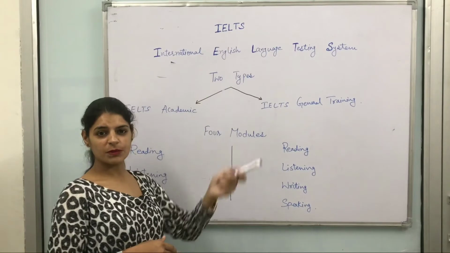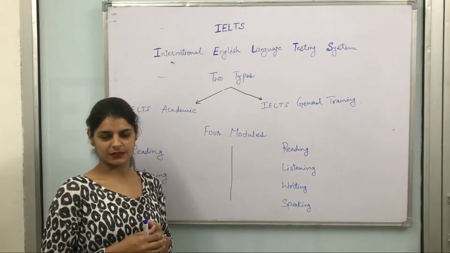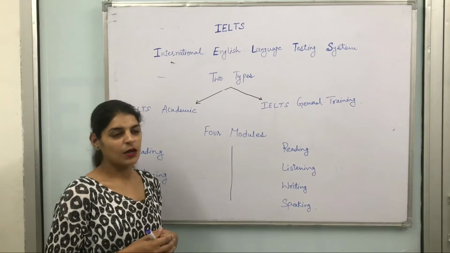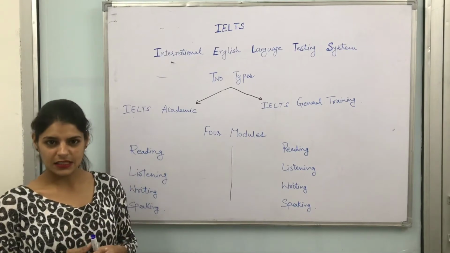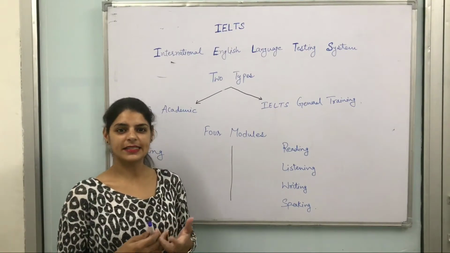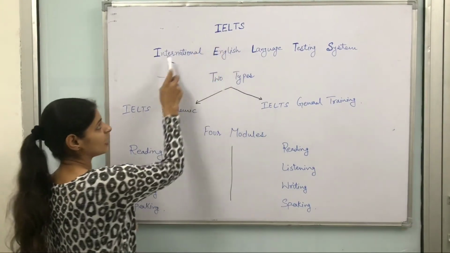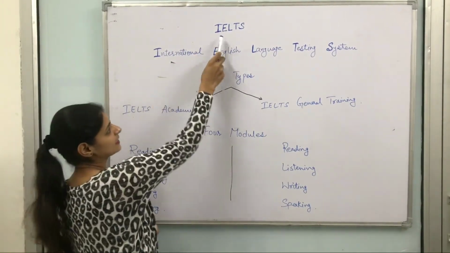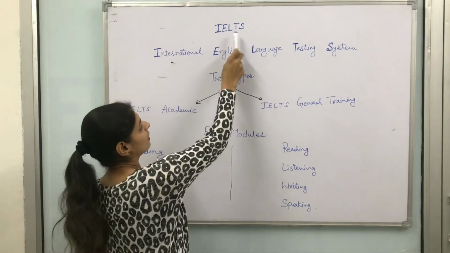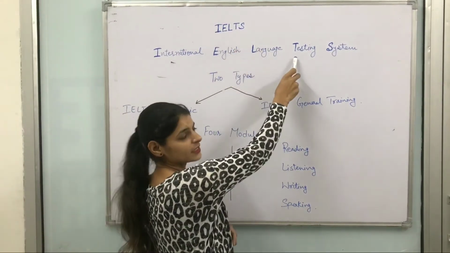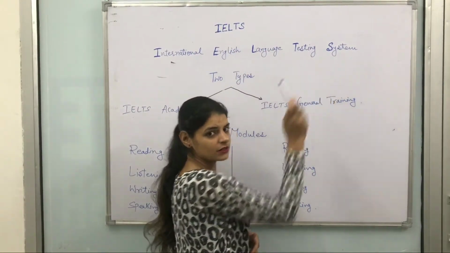A number of people pronounce it incorrectly, which is a wrong thing. The full form is: I stands for International, E for English, L for Language, T for Testing, and finally S for System.